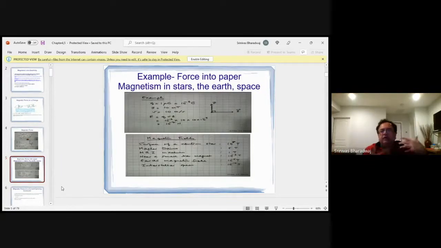Now, there is a lot of magnetism around us. The earth itself is a large magnet, and that's why it matters so much. That's how compasses work. A compass is just a magnetic needle, and if you just leave it, it will point towards the magnetic north.